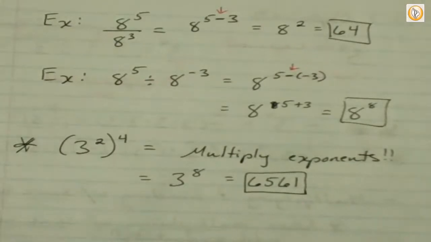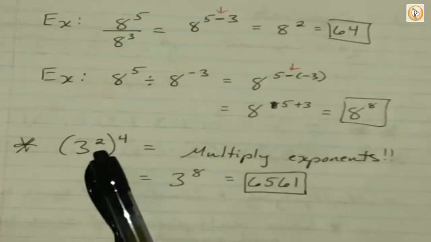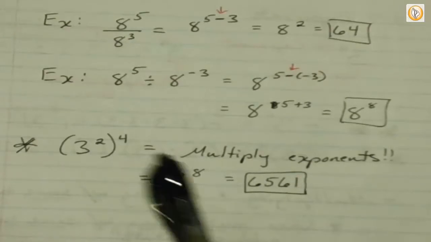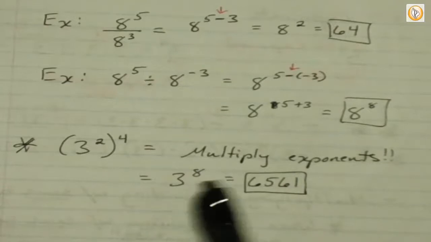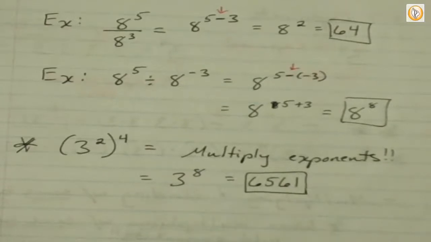Write this down. I can't believe you guys forgot so much. When the exponents are on the inside and outside, you're multiplying them. Okay? Y'all gotta have that memorized.